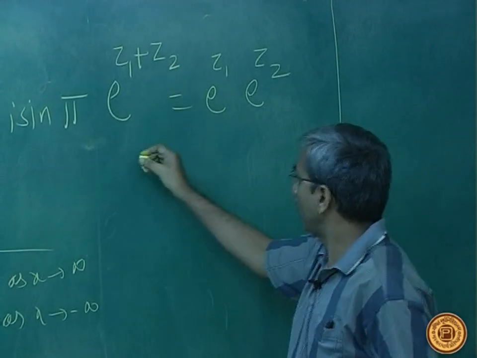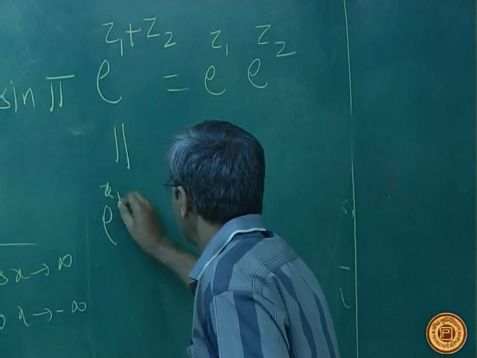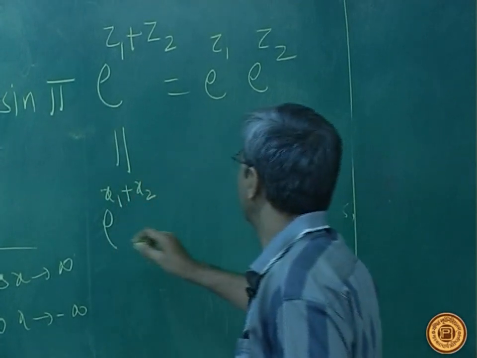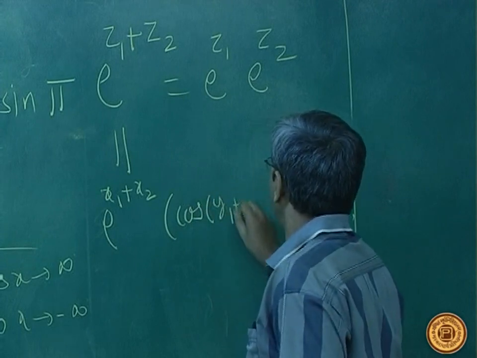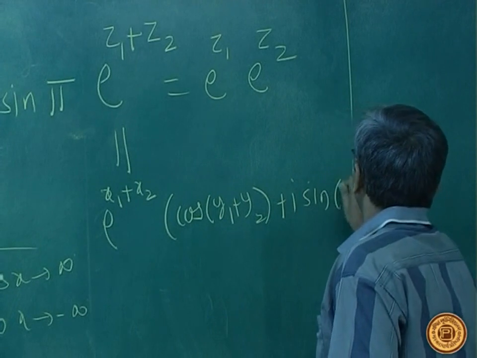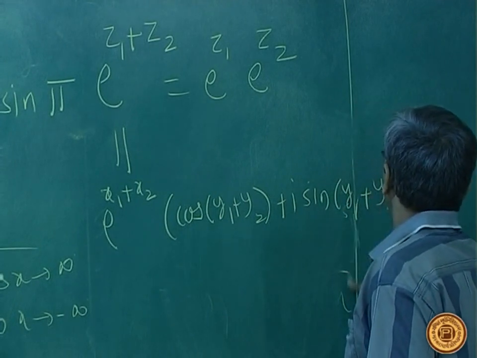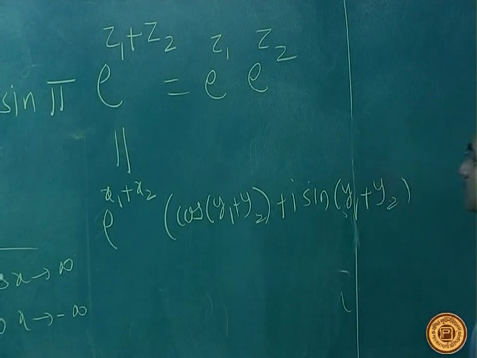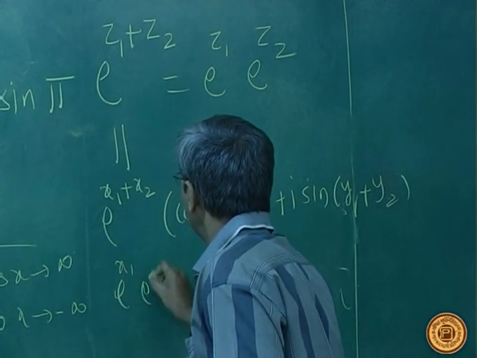So on this side, let me write e to the power x1 plus x2 times cos of y1 plus y2 plus i sin of y1 plus y2. So this is e to the power x1 into e to the power x2.